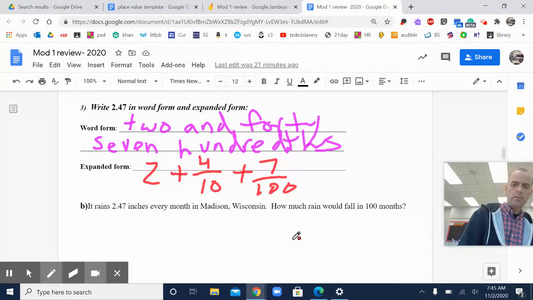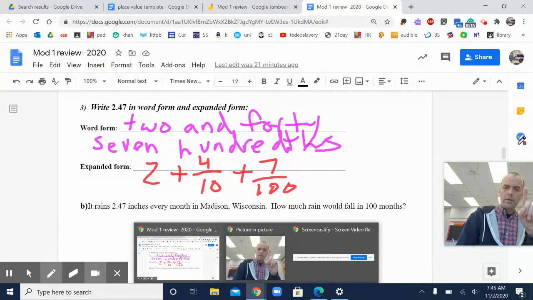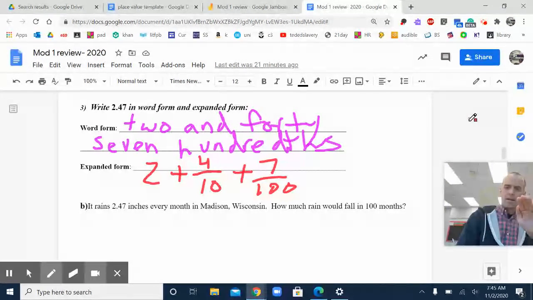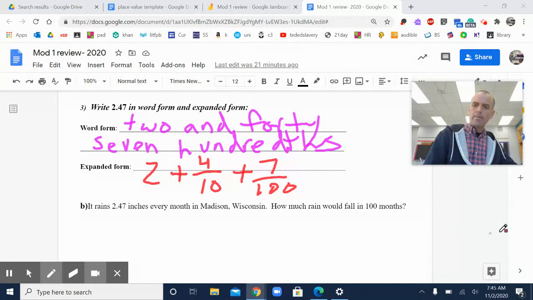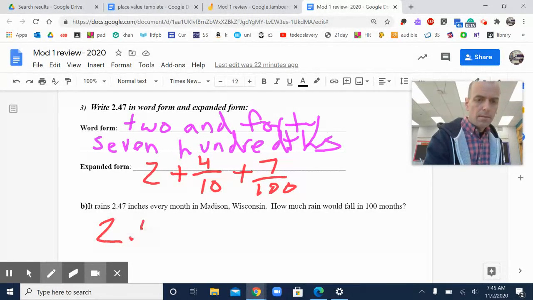Okay. And then it rains 2.47 inches every month in Madison, Wisconsin, where I'm from. How much rain would fall in 100 months? So if 1 month is 2.47 inches, I'm adding that every month for 100 months, right? So my number should be getting larger. And if I'm having the same 2.47 plus 2.47, it means I'm multiplying. So it's 2.47 times 100.